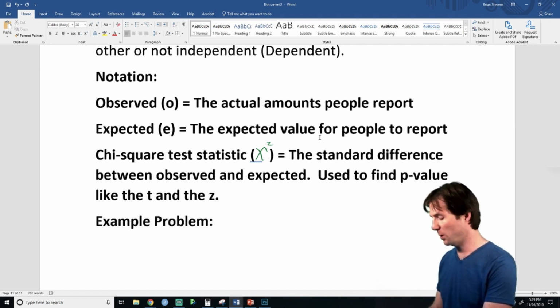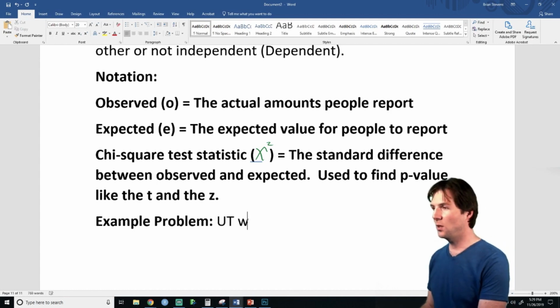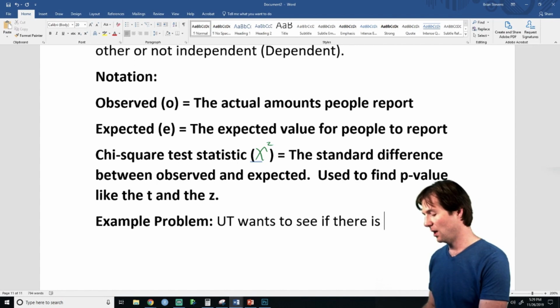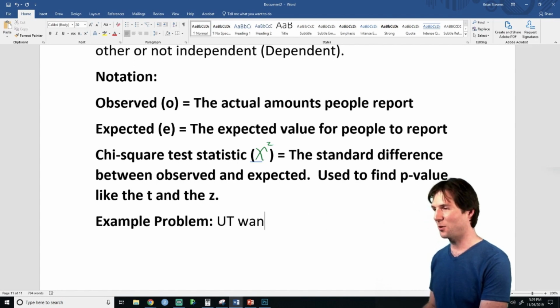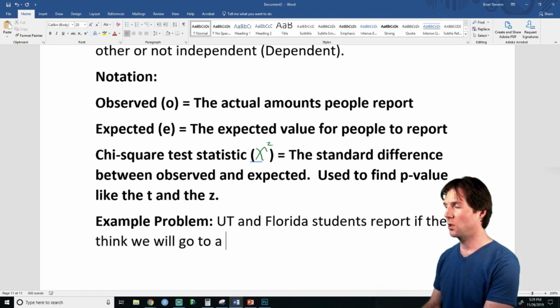And what do we have? UT wants to see if UT and Florida students report if they think we will go to a bowl game.